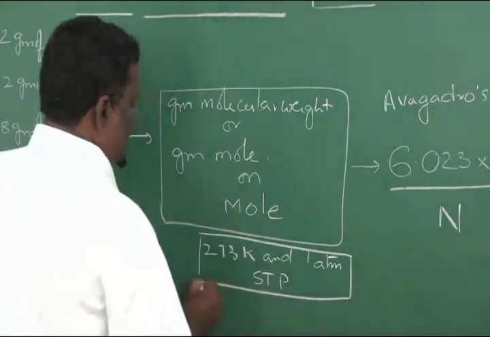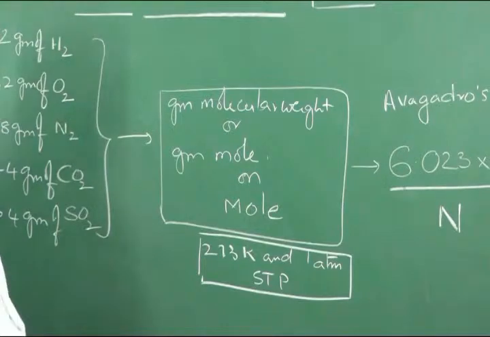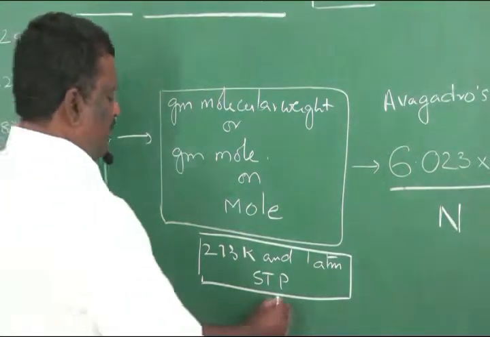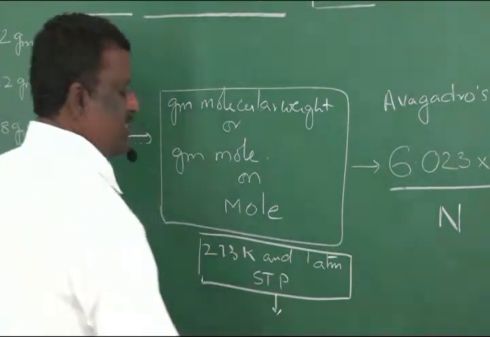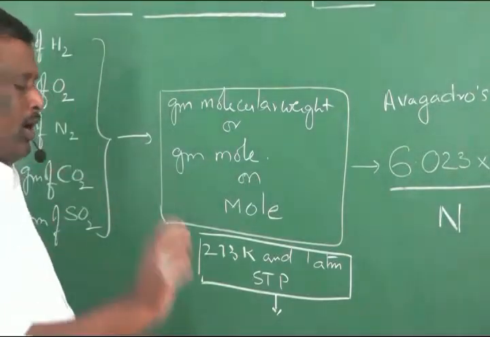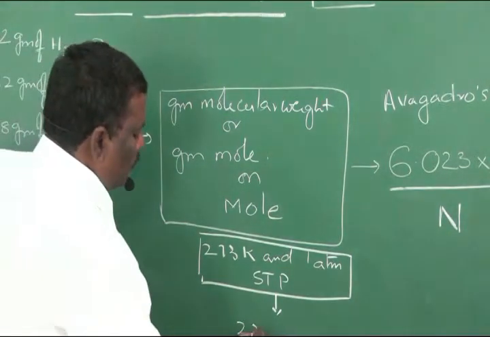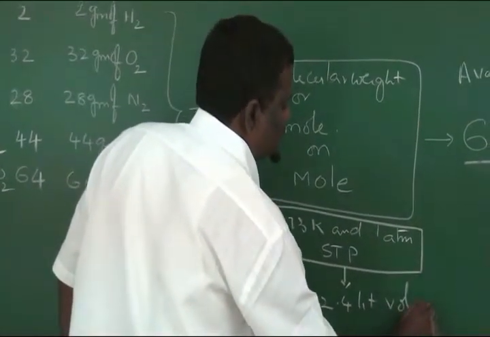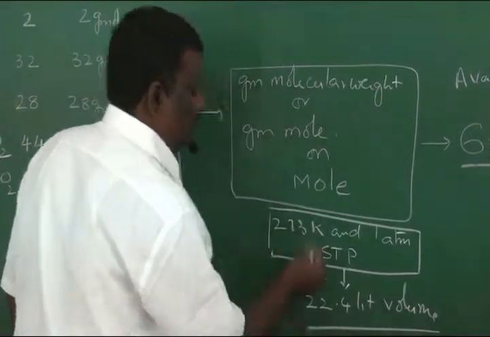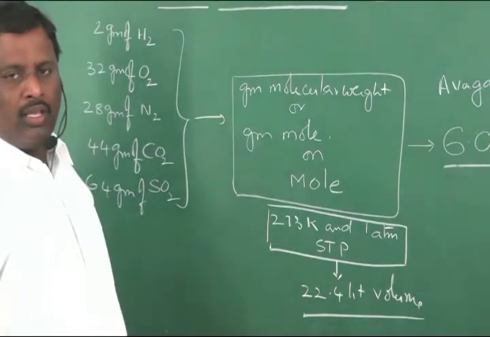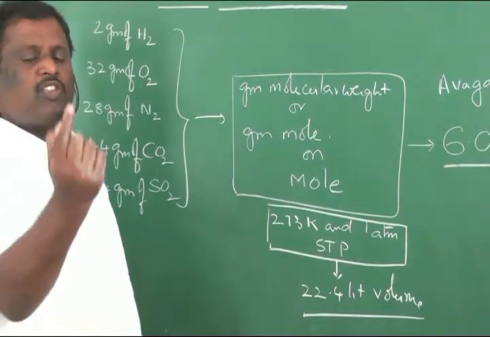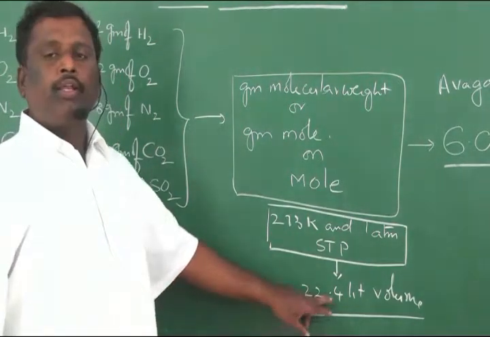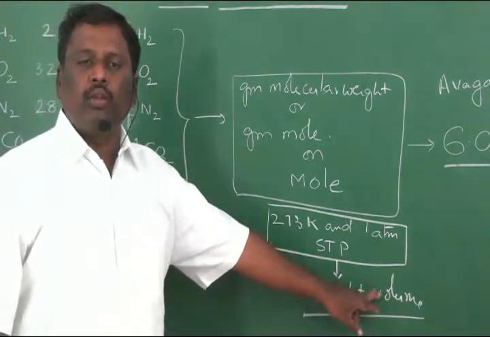In STP conditions, if a substance is in gaseous state, it occupies 22.4 liters volume. 1 gram molecular weight or 1 mole of any substance will occupy 22.4 liters volume.